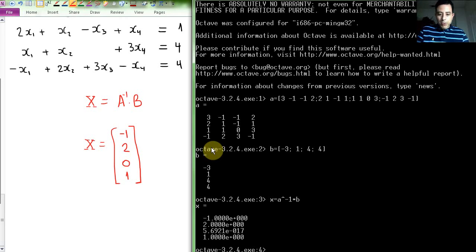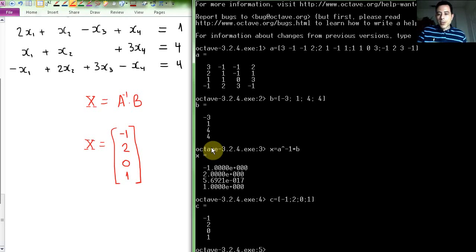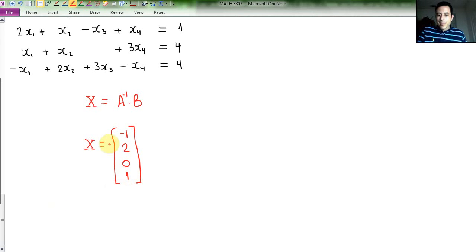Let me create a vector c, for example. C would be negative 1, semicolon 2, semicolon 0, semicolon 1. Let's see. If I multiply A times x, I should get B, right?